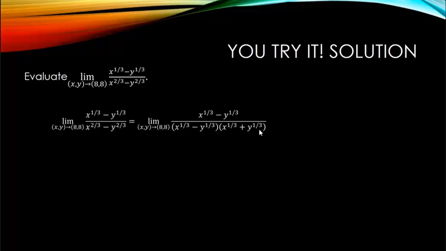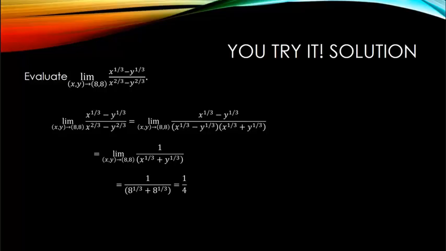The terms x to the 1/3 minus y to the 1/3 cancel in top and bottom, so that I'm left with a simplified limit, the limit as xy approaches 8, 8 of 1 over x to the 1/3 plus y to the 1/3. Using direct substitution, I get 1 over 8 to the 1/3 plus 8 to the 1/3, which reduces to 1/4.